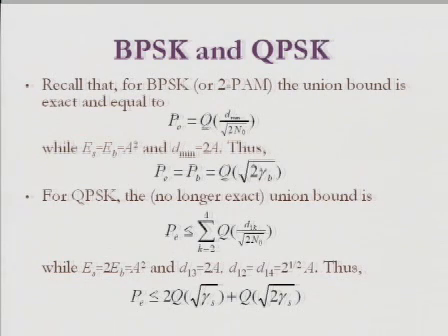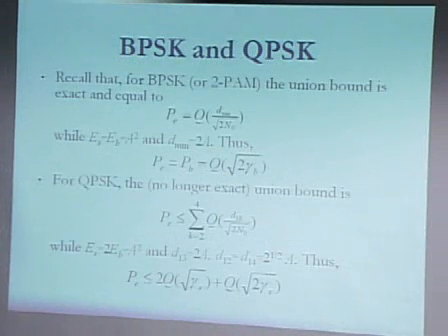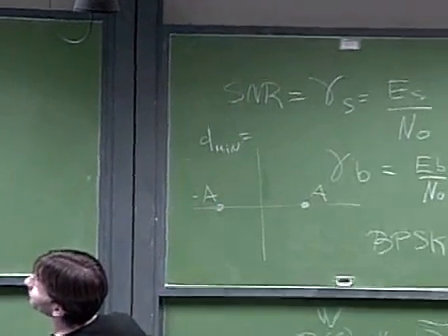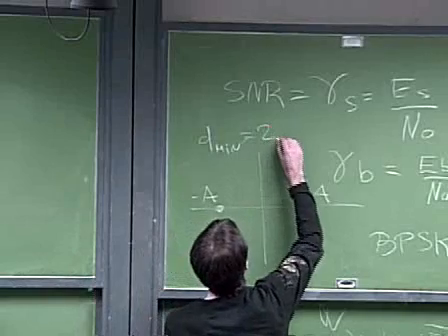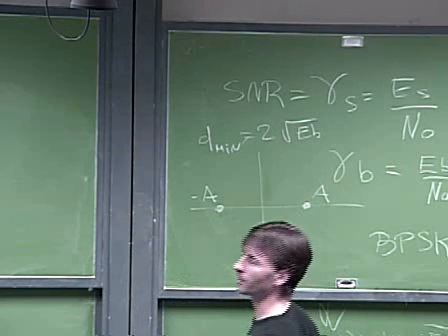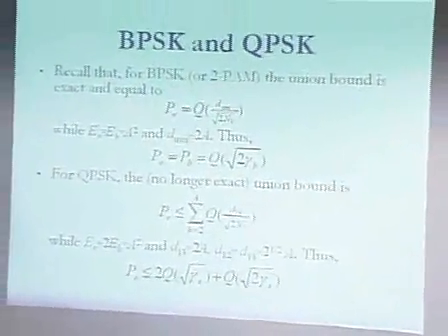A is the square root of EB, and d min is twice A, so d min is twice the square root of EB. We divide by square root of 2 N0 over here, and we have some square root of 2 cancellation, and we get Q of root of 2 gamma B.